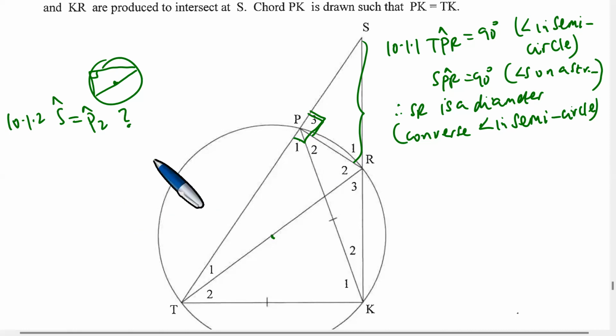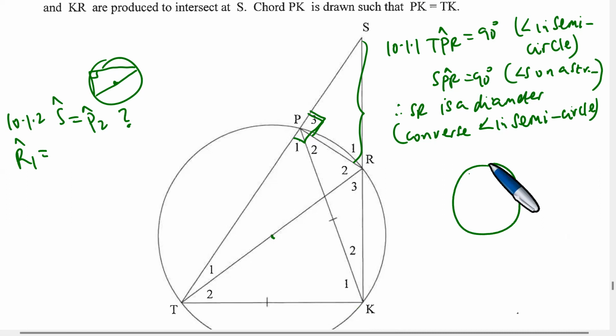We start by making the observation that angle R1 is equal to angle PTK. There's a theorem in mathematics that says if you have a cyclic quad like this, with all the vertices on the circumference of the circle, an angle that is here is equal to the angle that is there. The exterior angle is equal to the interior opposite angle in a cyclic quad.